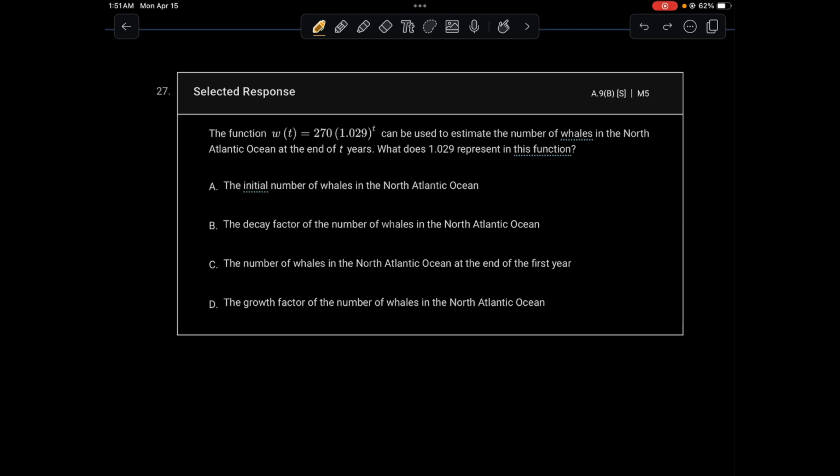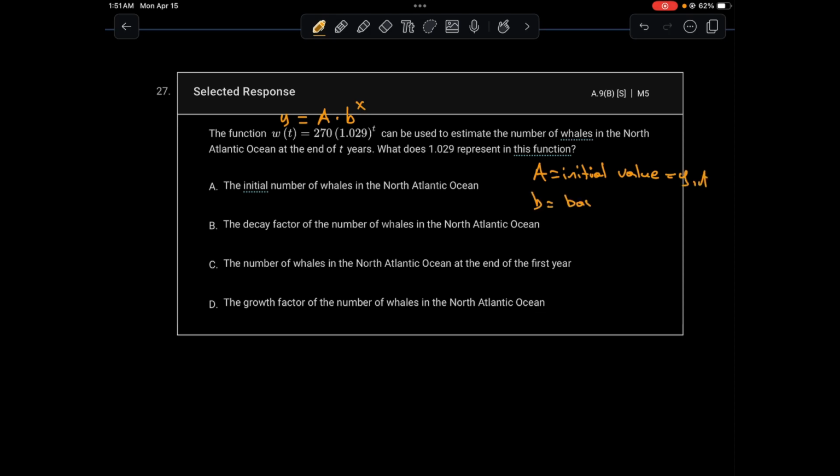Well, let's see what we know about exponentials. This is of the form y equals a times b to the x. A again is the initial value, and on the graph is the y-intercept.